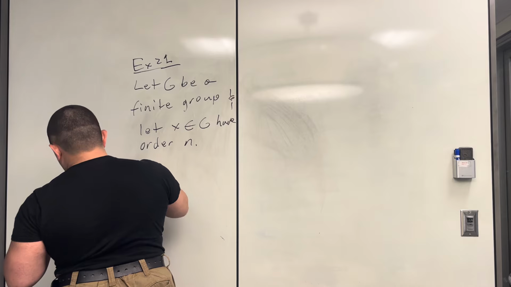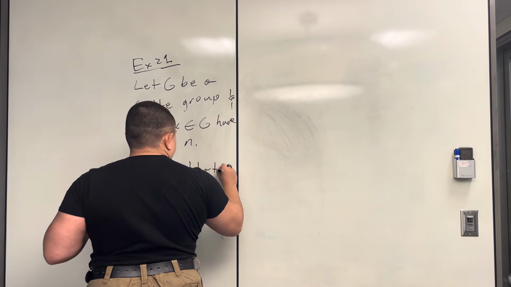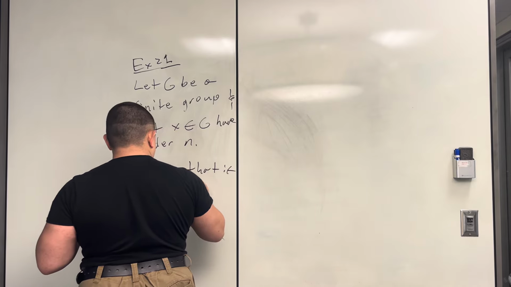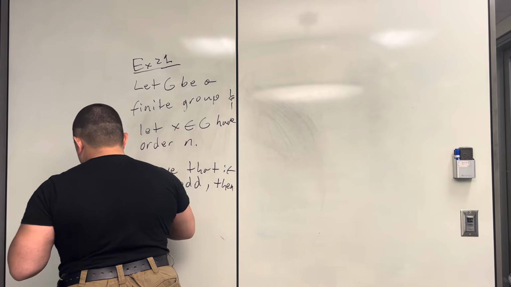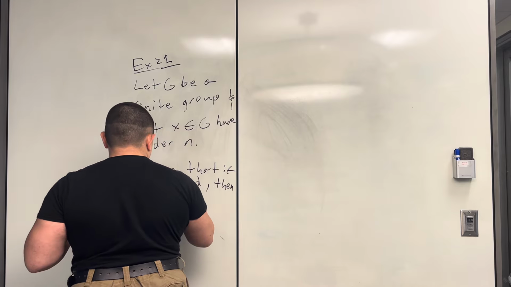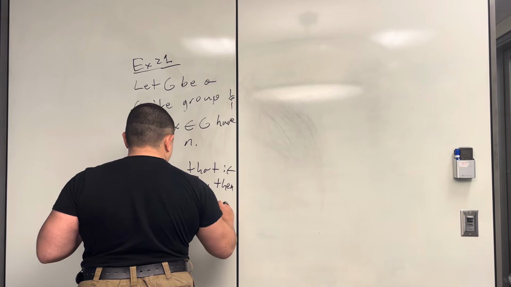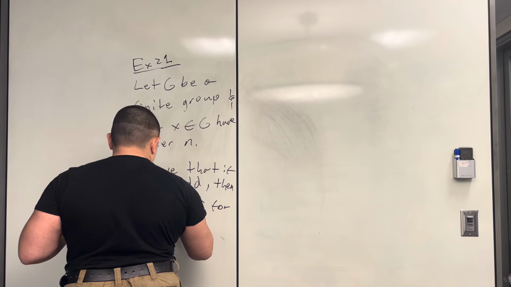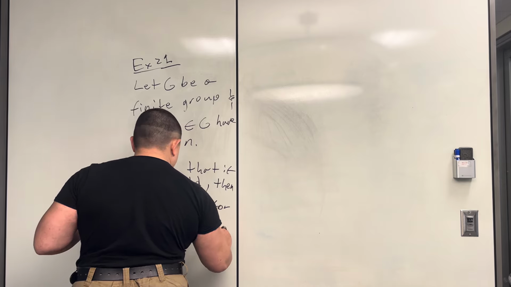Now we're told to prove that if n is odd, then x is equal to (x squared) to the k, for some k within the positive integers.